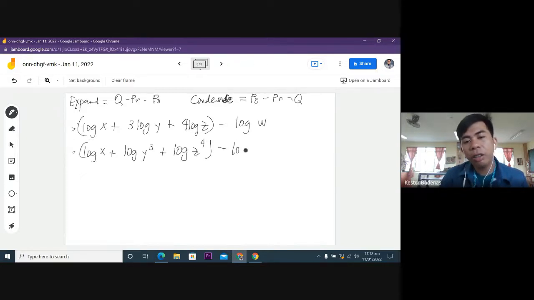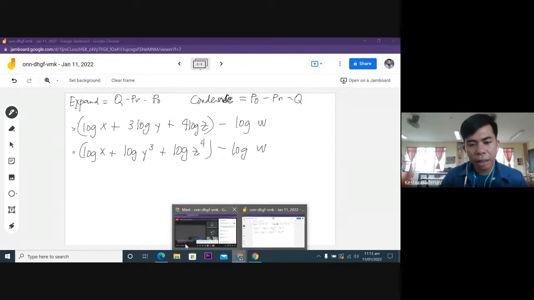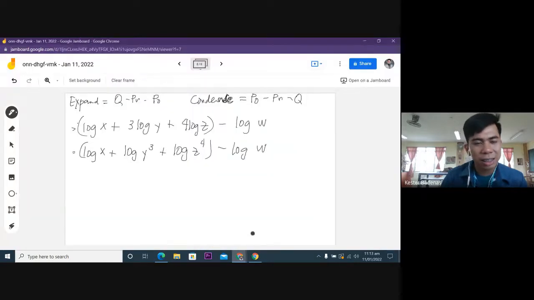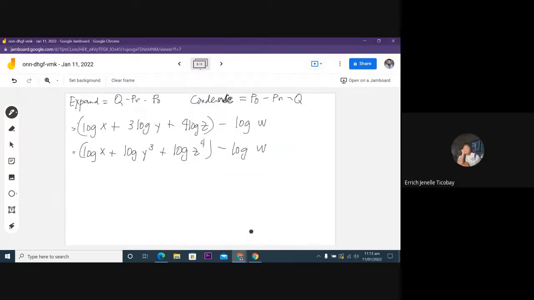By the way, tanungin ko kayo, class. Ano yung base sa binigay kong expression? Sige, Erich. 10 po.